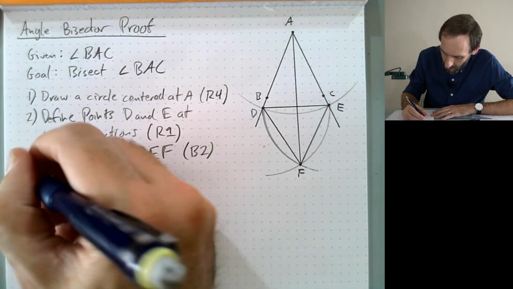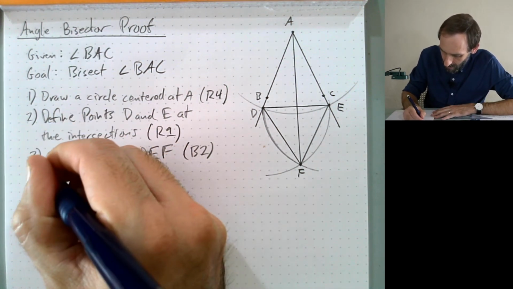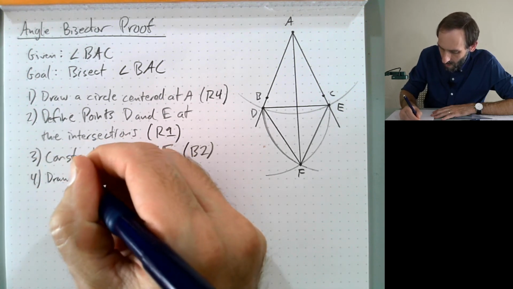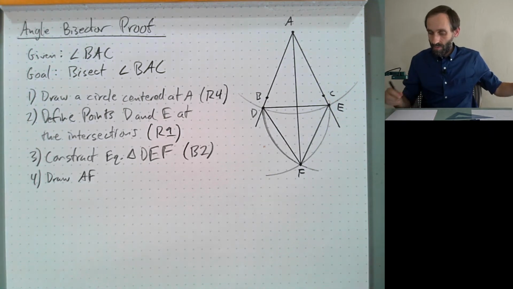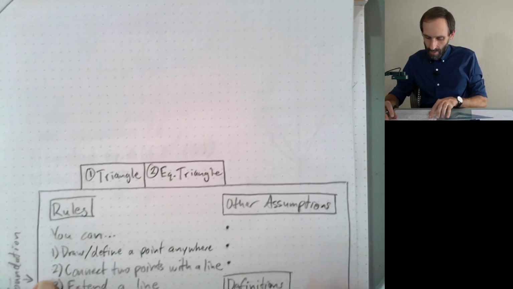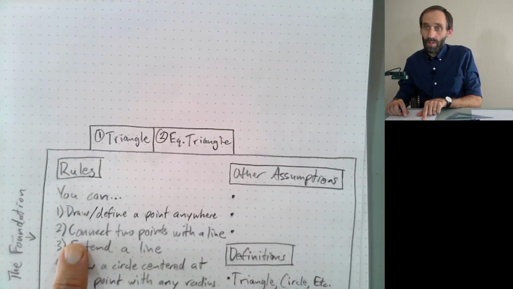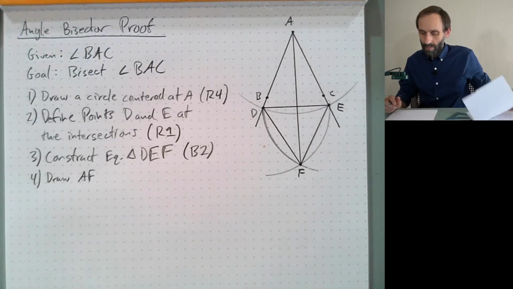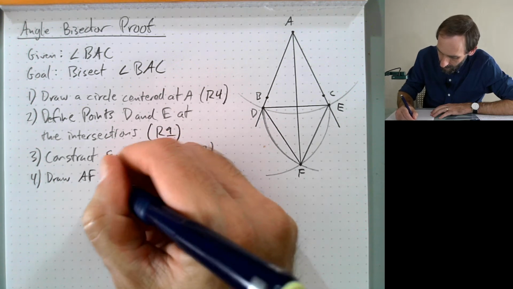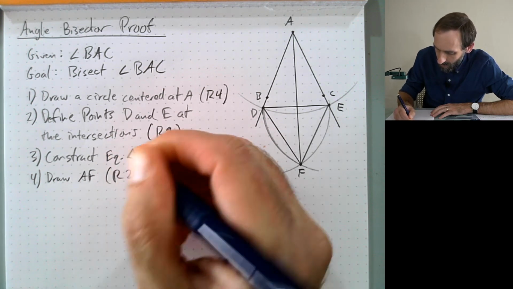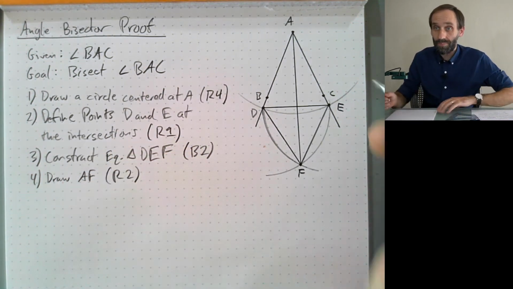And so step 4 is going to be draw AF. And the rule that says I can draw this line is, let's see, rule number 2 says I can connect 2 points with a line. So draw AF. That is rule 2. I'll abbreviate it as R2.